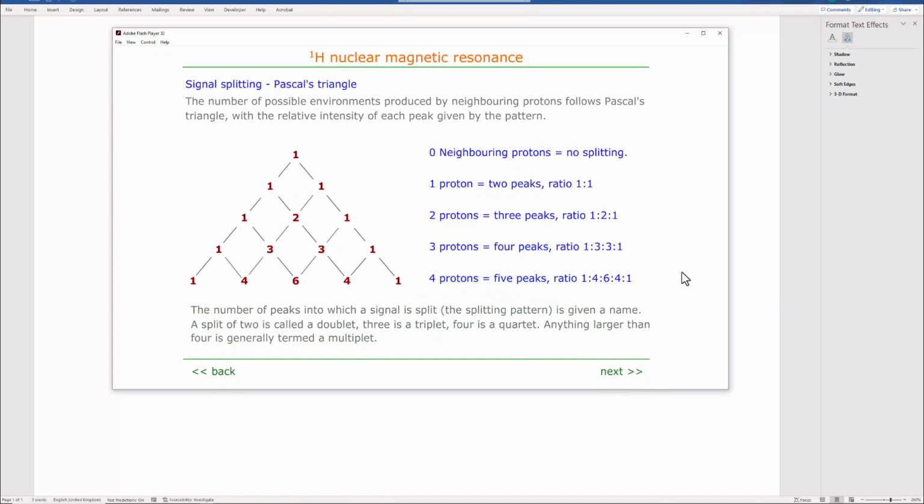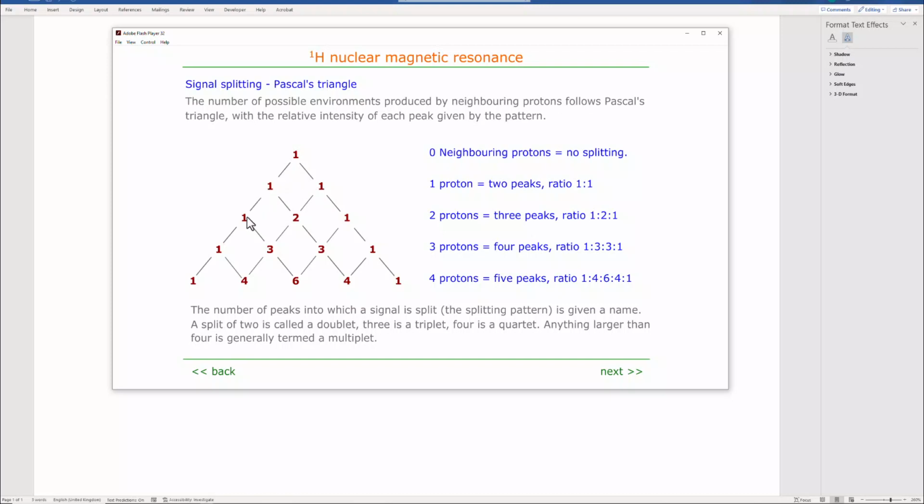This is sometimes known as the n+1 rule, and it follows a pattern like Pascal's triangle. So one hydrogen which isn't split will have one signal. A hydrogen that's split by one neighbouring hydrogen will split into two signals of equal intensity.